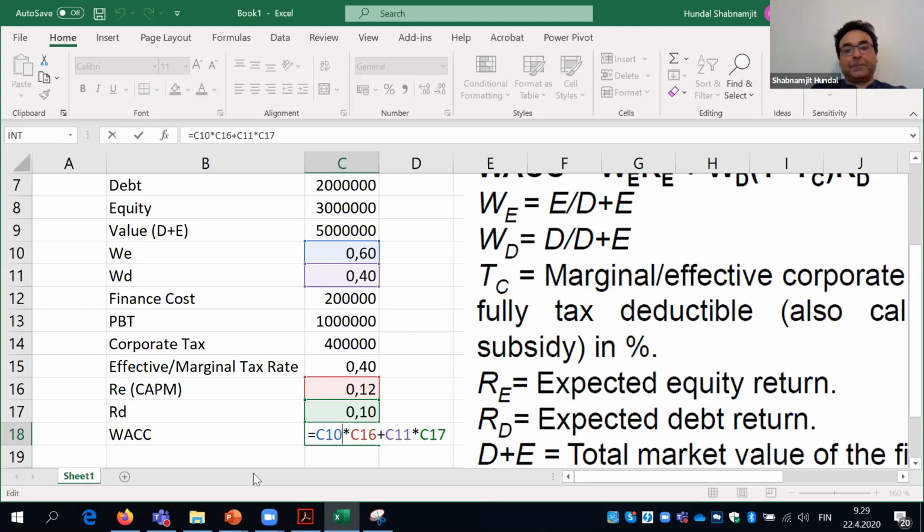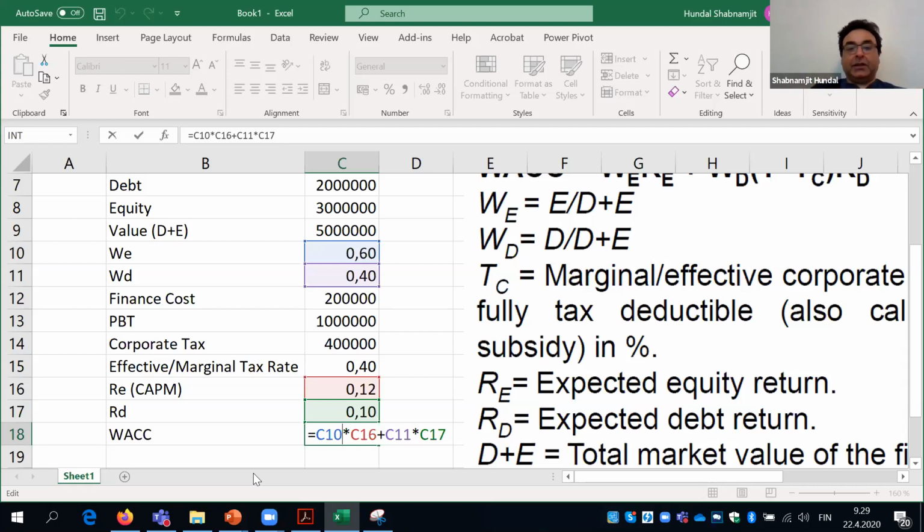So basically, the cost of debt is not exactly 10%, even though on the face it looks like 10%, because this is deducted.